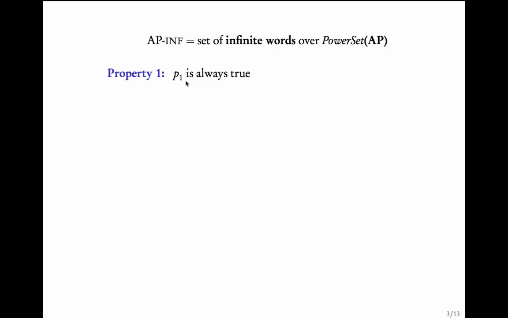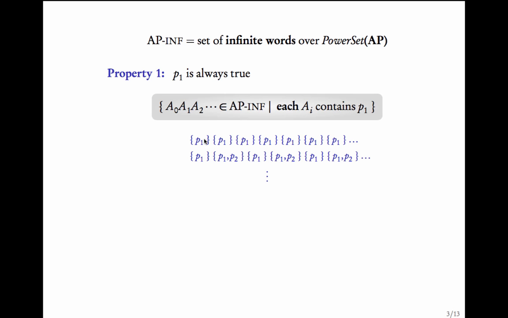When we say P1 is always true, this will give us the set of all words over AP_inf such that each letter contains P1. How do you write it? The set of A0, A1, A2, etc. This is a sequence. This is a word in AP_inf such that each Ai, which is a letter from the alphabet, power set AP, contains P1.